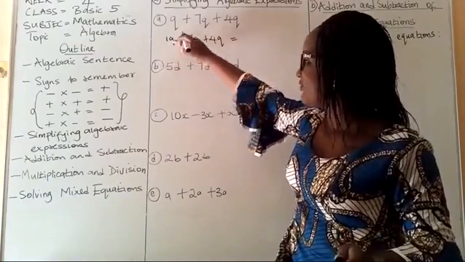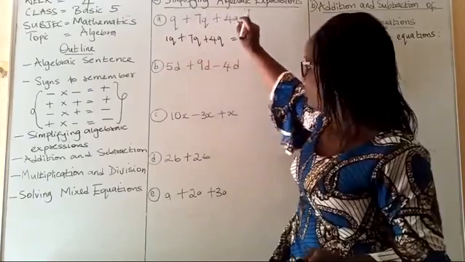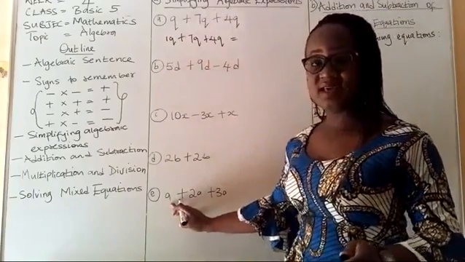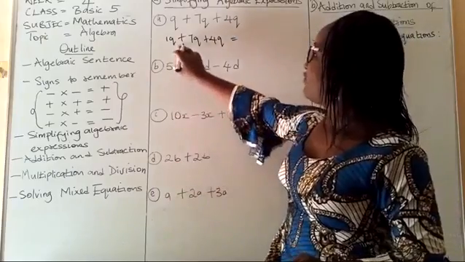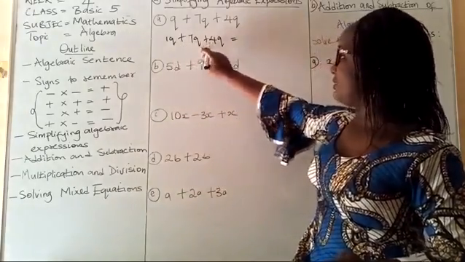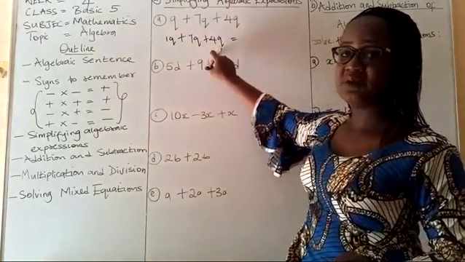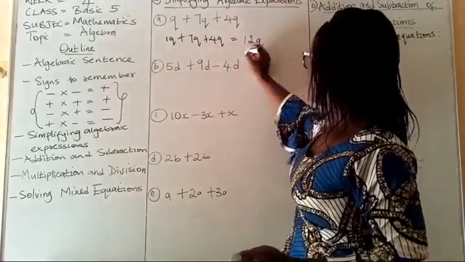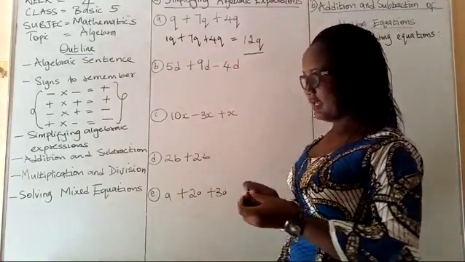So observe that what we have here is q, what we have here is s, and what we have here is a. Here we have q plus 7q, which is 8q, plus 4q. 8 plus 4 will give you 12. So you have 12q. That's simple, right? Let's continue.